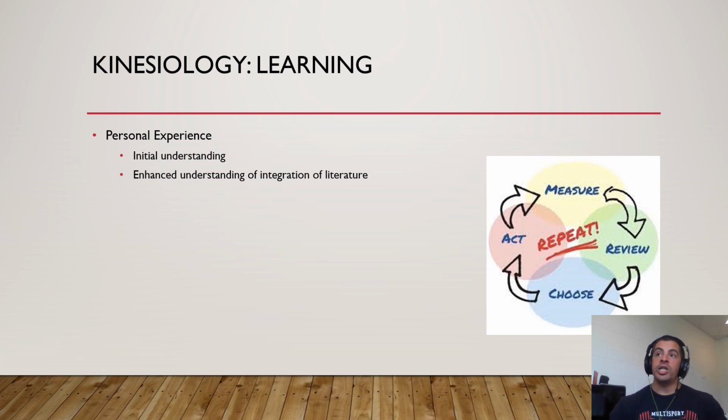Now, by doing, we can also enhance our understanding and integration of the literature. So, for instance, there might be a research paper which talks about, you know, again, I own a gym, so I often will provide anecdotal stories of things that I see on an everyday basis. So we'll talk about building muscle, right? Muscle hypertrophy. We read a text that says, oh, one of the big ways to add muscle is by providing good muscle damage.